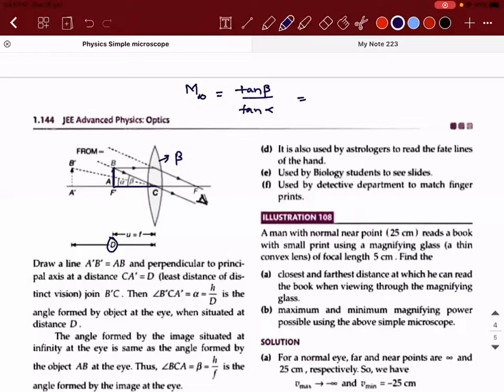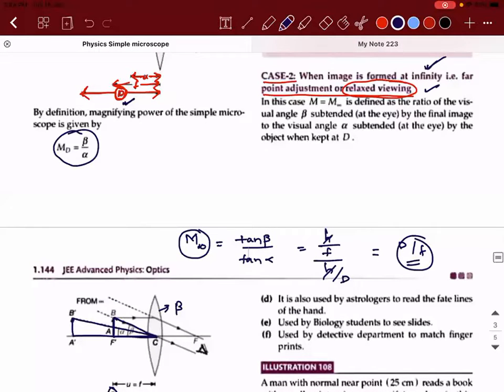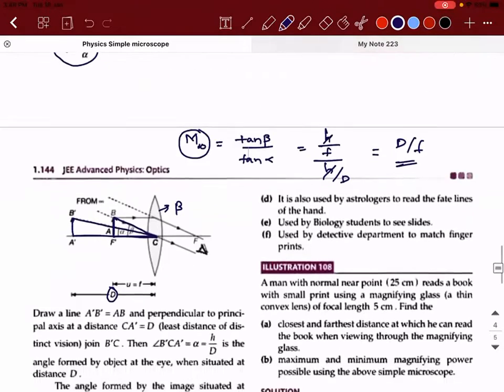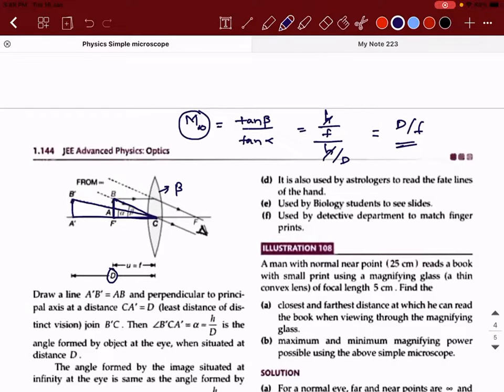This is H, so tan beta is H divided by F, divided by tan alpha, which is H divided by D. Cancel it, and you will get D divided by F. So the magnifying power of the same simple microscope, when you adjust it to the relaxed viewing or far point, is D divided by F. This is the derivation, only these many steps, but you need to understand the concept behind it.